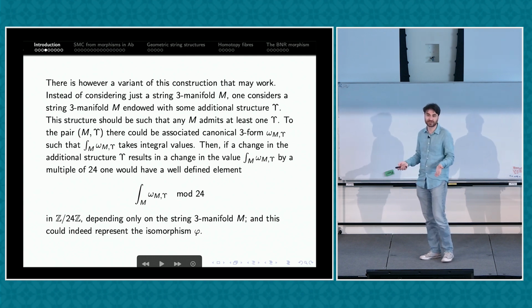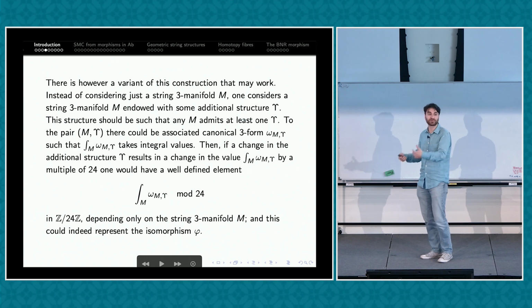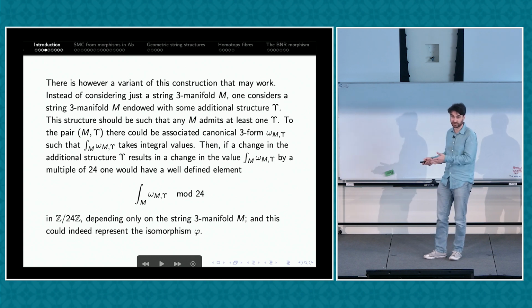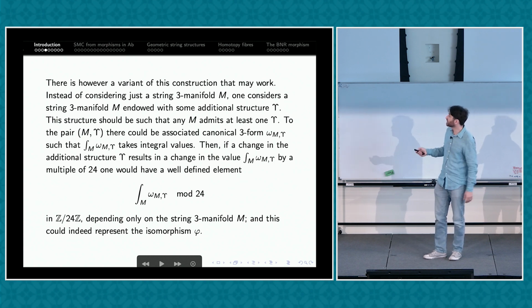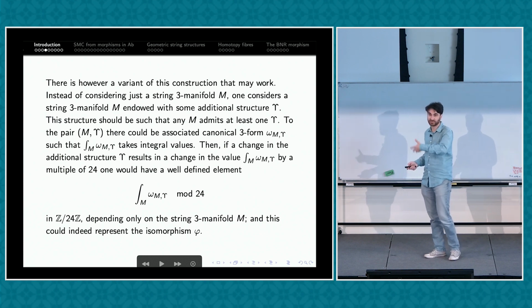For instance, any characteristic class does this job. Well, they will be in even degree. Here I need something in degree 3. But there is no a priori obstruction in having this phenomenon of having integrals taking integer values. And then I have to take care of this 24, so I want that when the additional datum changes, the whole integral changes by a multiple of 24.